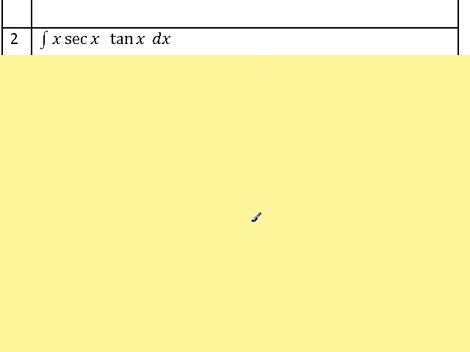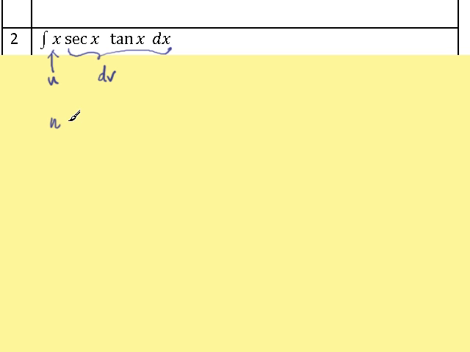This second example is similar to the previous one. Here we have our u, and this is our dv. Now notice we can easily integrate dv since secant x tangent x is the derivative of secant x.